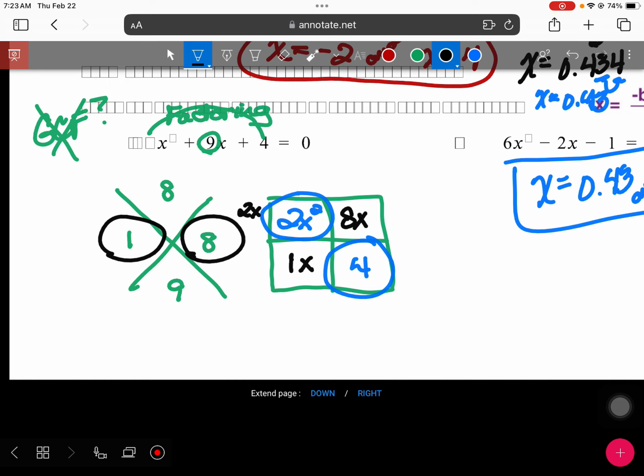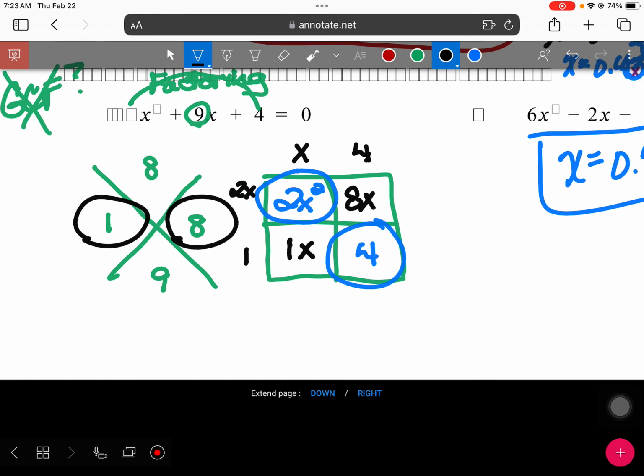And 1x and 4 is going to give me a GCF of 1. And then going up in the column, 2x squared and 1x is going to give me x. And 8x and 4 is going to give me not x, just 4.